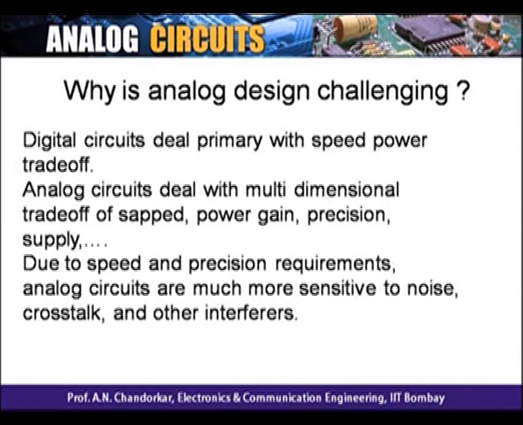Why precise? Because analog is a time varying signal. Any change there will be seen at the output. So precision means 1.6 millivolt means 1.6 millivolt. If it becomes 1.7, it comes out 10 times larger at the output. So I am worried that what I say, I must get. So precision is very important in analog, not so much in digital.